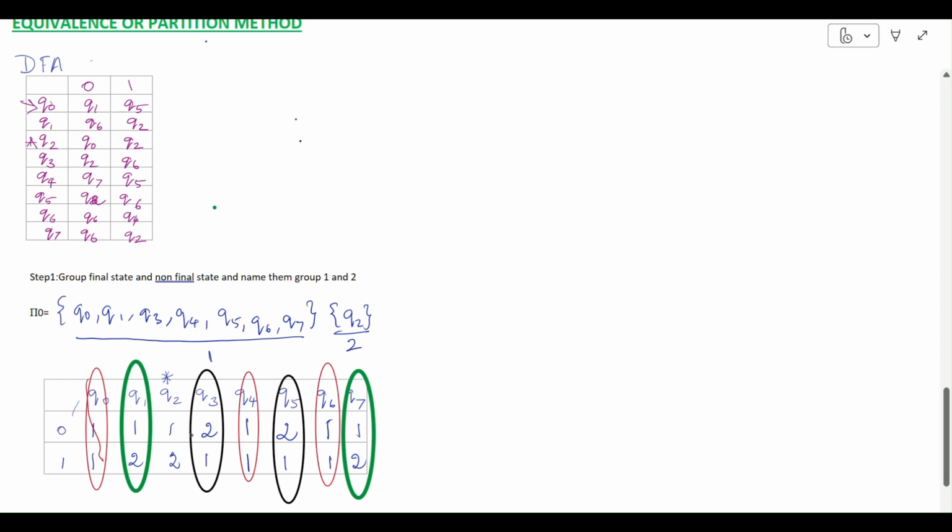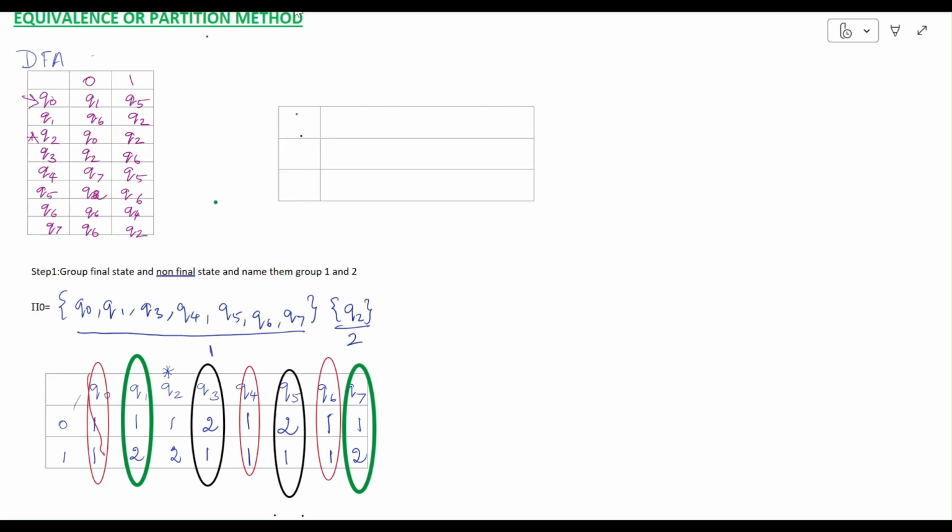Now write down these groups as separate partitions and name them with different group numbers.